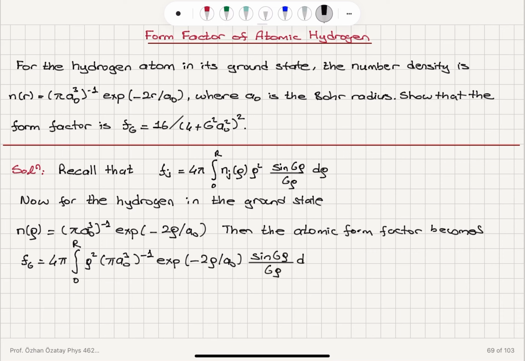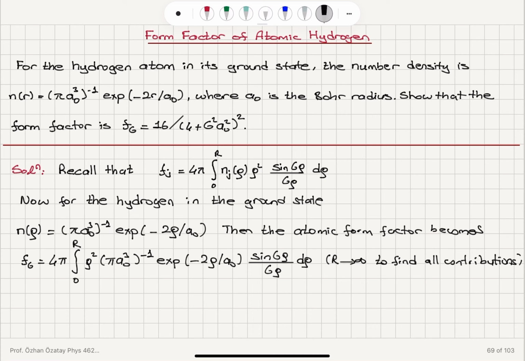dρ. This is once again for a spherical distribution, and if we take R, the radius of the spherical distribution, to infinity, we can find all contributions. For r greater than the radius of the atom, the contribution will be insignificant, but for mathematical convenience we can do this.